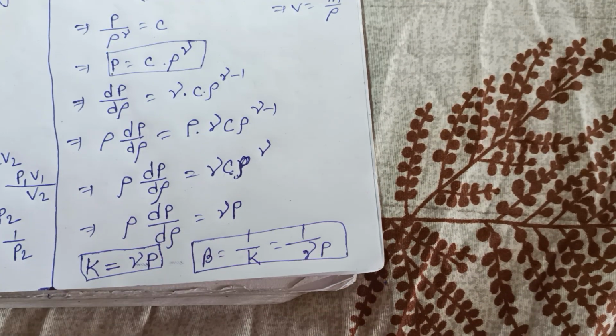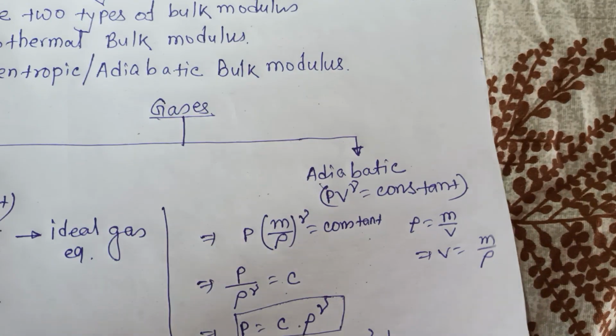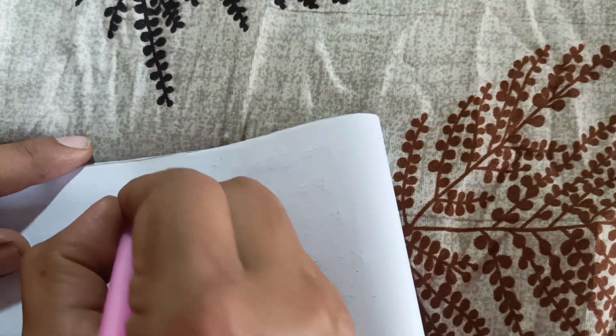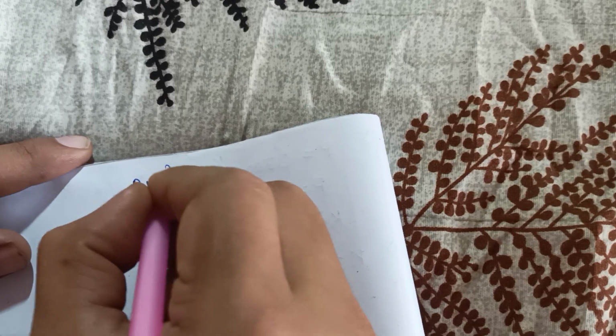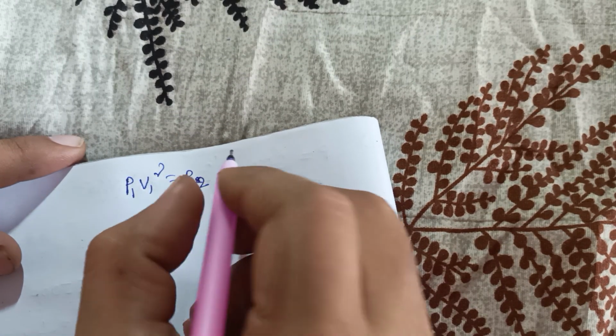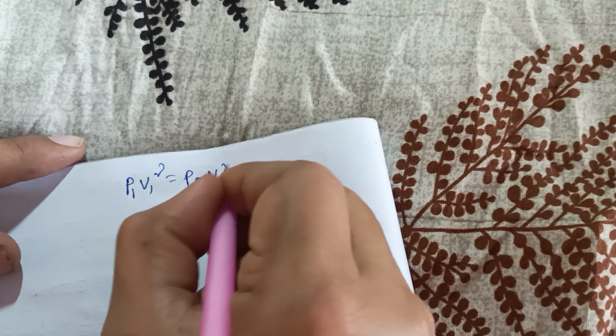Now for process 1 to 2, for adiabatic bulk modulus, you can write P1 V1 to the power gamma is equal to P2 into V2 to the power gamma.